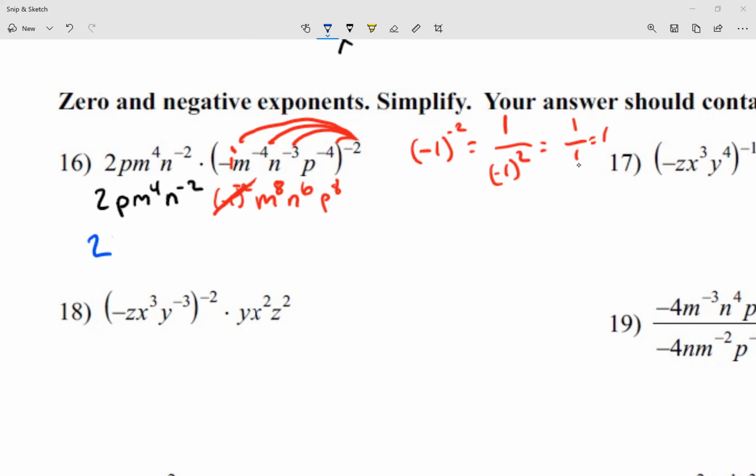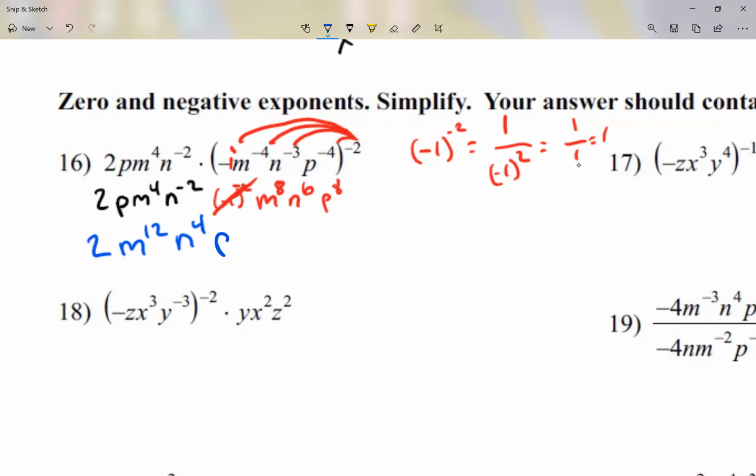Okay, now coming back to number 16. So number-wise, I just have a 2. Letter-wise, like I said, I'm going to start in alphabetical order. To begin with, I'm going to have m to the 12. Notice I added the exponents on m. And then I have n to the 4. Right? Negative 2 plus 6 is positive 4.